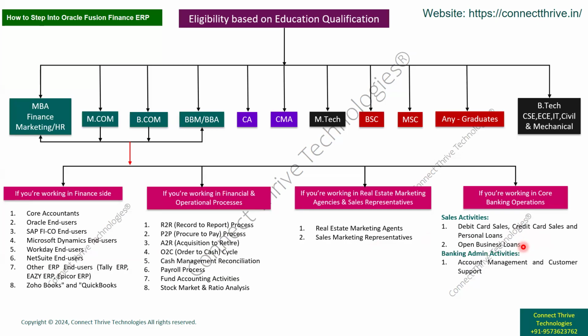And some admin activities like accountant, manager or customer support, and some core banking operations like bank cashier and transactional processes. These employees are also eligible to take this course and change their career to start as a functional consultant.